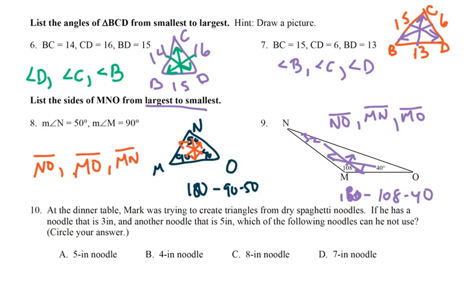Let's start with our first one. It would be a 3, 5, 5. If I take my two smallest and add them together, that is greater, so that's not it. The next one is a 3, 4, 5. My two smallest added together is 7, which is greater than 5, so that's not it.